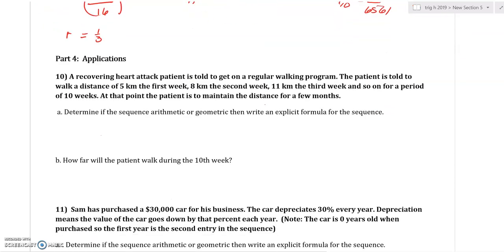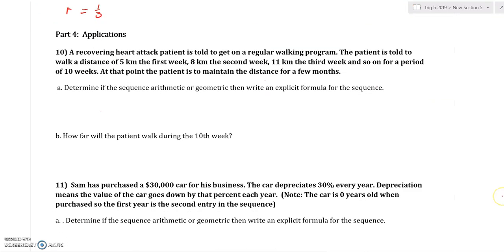Okay, let's do some applications, some word problems. Okay, so for this one, go ahead and read it. Pause the video for a minute and see if you can generate a few terms. Okay, so did you realize that this is an arithmetic sequence with common difference 3? Right? So if I said determine if the sequence is arithmetic or geometric, you realize you're adding 3.